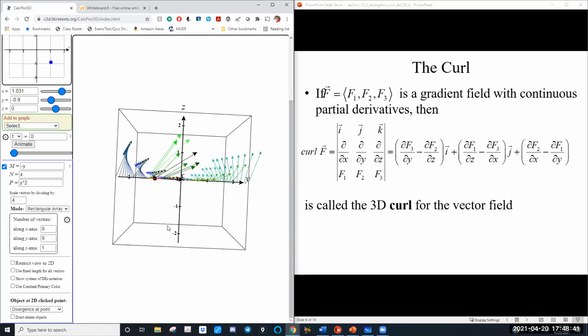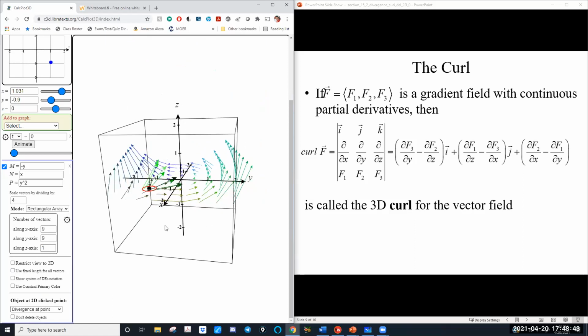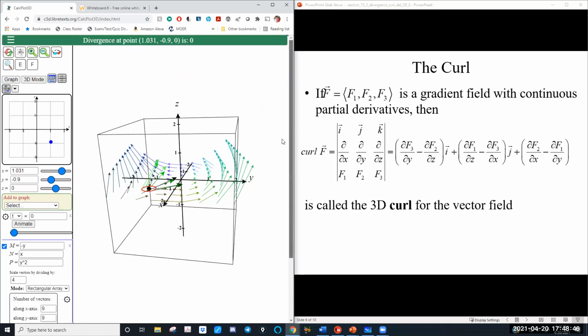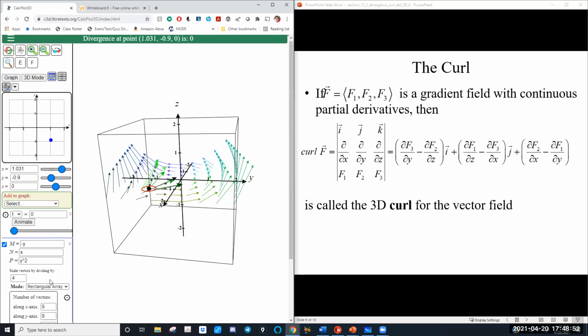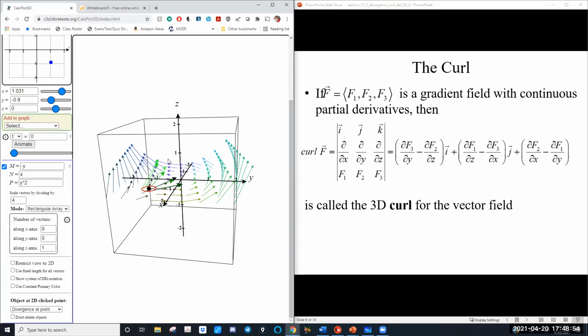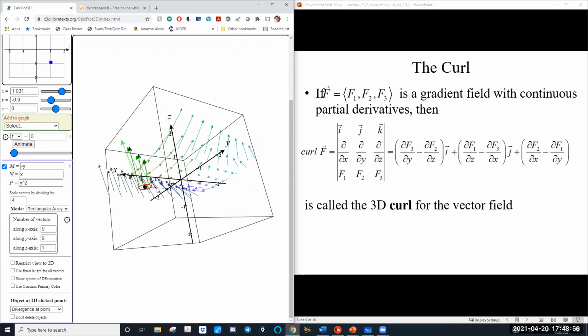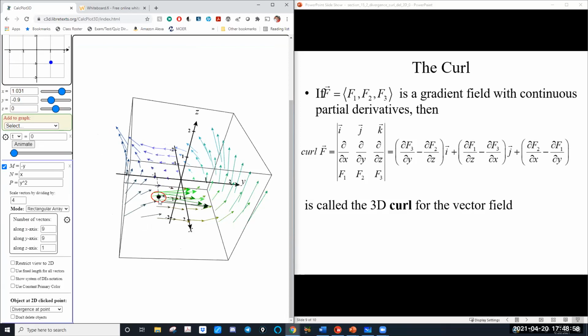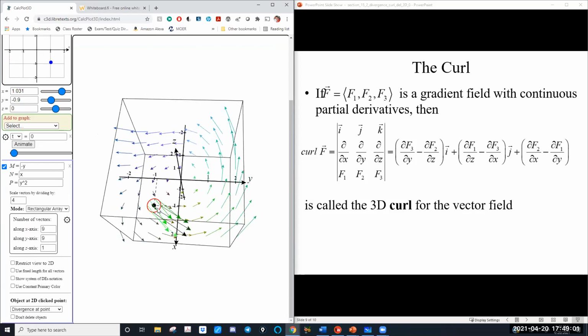You can kind of see to what degree it is a source or a sink. It's still calculated up at the top. Again, I happen to pick a vector field that has a 0 divergence, so a little boring, but what that means is all those points, the in and out, are canceling out. You can see it better in the 2D. These guys are going in towards our point. These guys are going away from it.